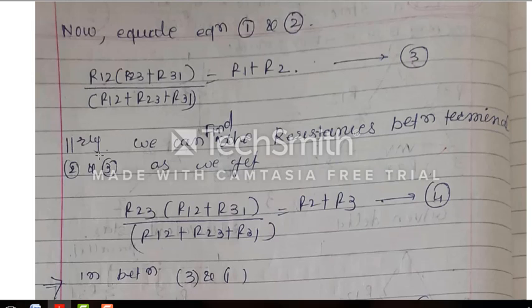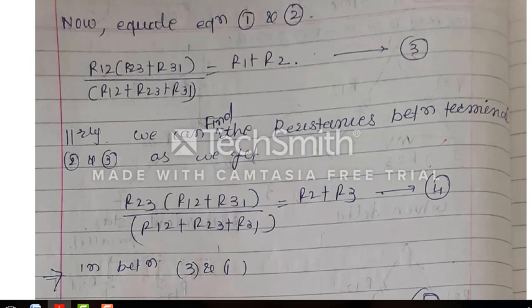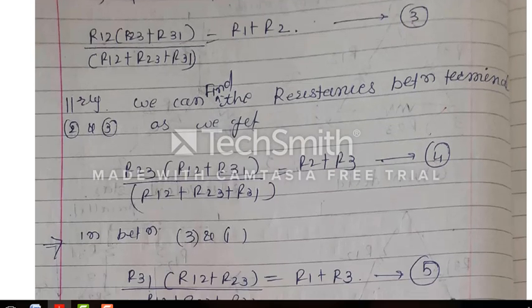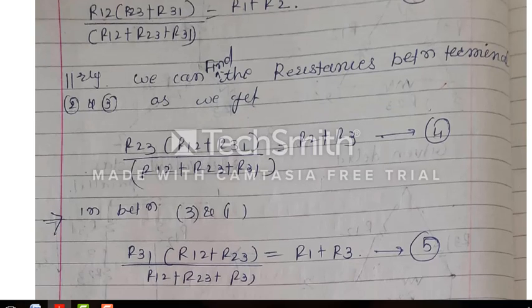Now similarly we can find the resistances between terminals 2 and 3, for delta connection and for star connection. So you get R23 into (R12 plus R31) divided by R12 plus R23 plus R31, equal to R2 plus R3 for the star connection. Similarly we find the resistance between terminals 3 and 1 for delta and star connection.